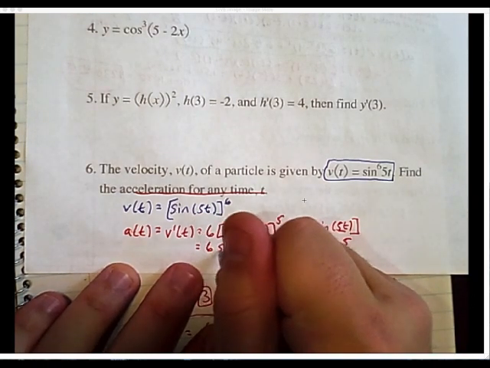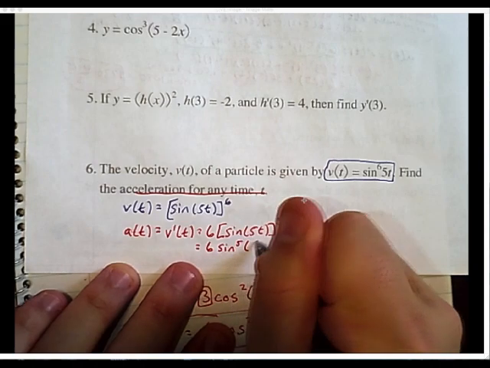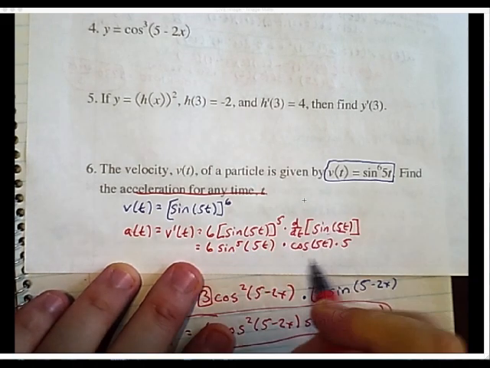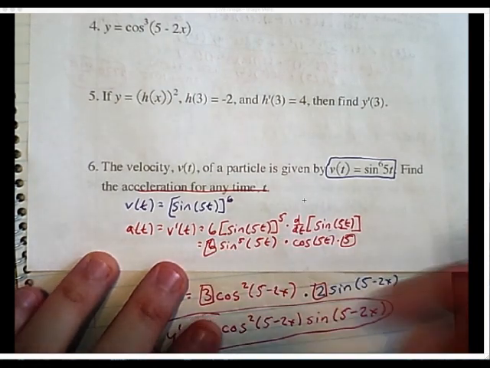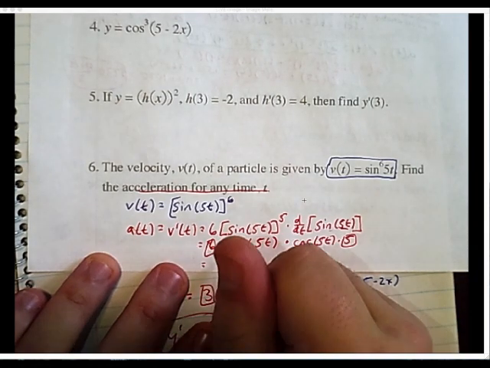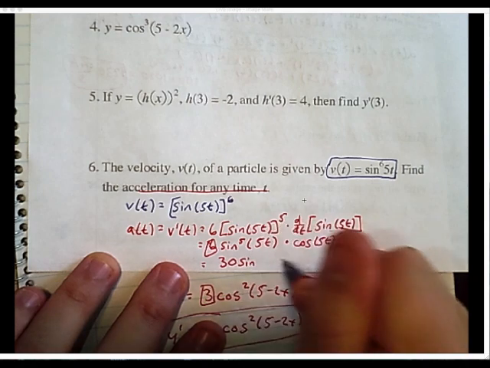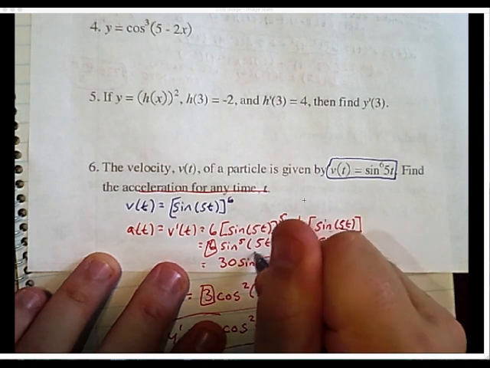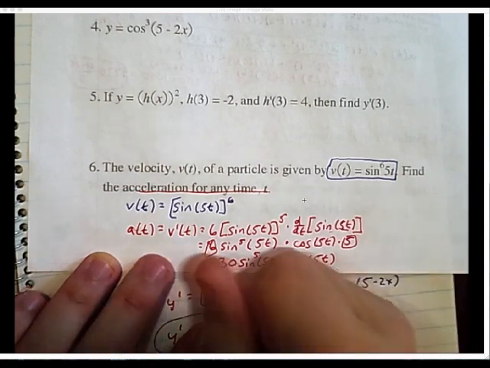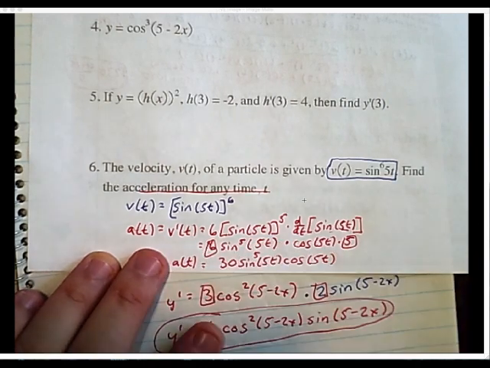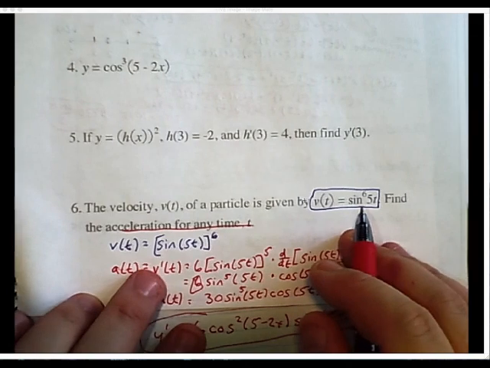So 6 sine to the 5th of 5t times all that. You can put the coefficients together. 6 times 5 is 30. So 30 sine of 5t raised to the 5th power times cosine of 5t. So that right there is the acceleration right here.